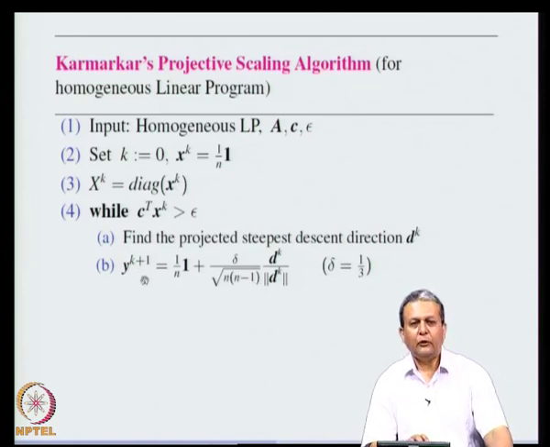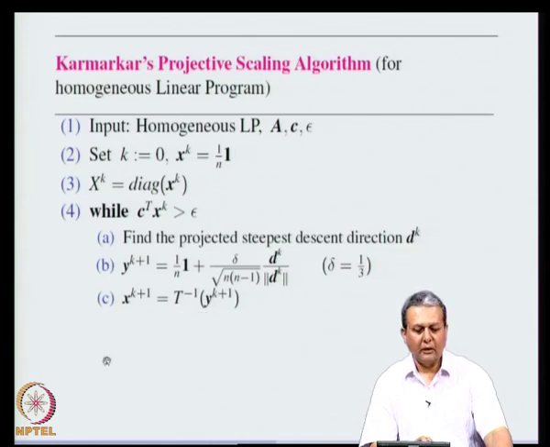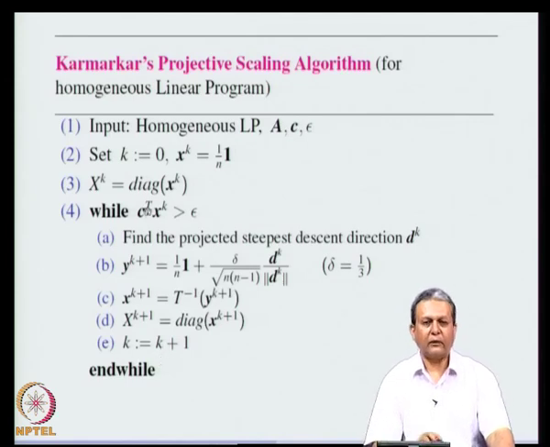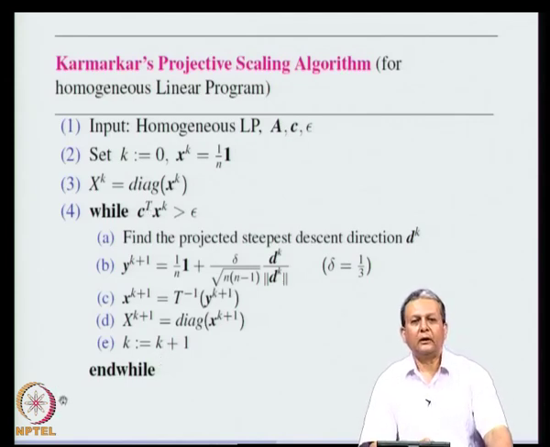So, one finds a new point y k plus 1, and then the next step is to project it back to the input space, the x space, and that is done using the inverse transformation T inverse. And the new matrix x k plus 1 is found, the iteration counter is increased, and one goes back to the new point and checks whether optimality is satisfied.